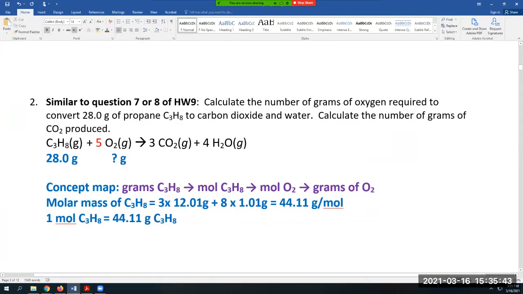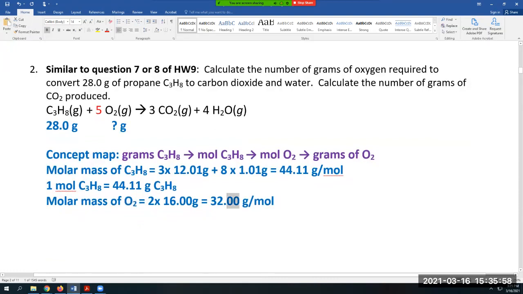Let's find the molar mass of oxygen. Oxygen is 16 grams per mole, 16.00, times 2, because there are 2 oxygen atoms per molecule of oxygen. And that's 32.00. Please keep those zeros. They are significant and they matter.